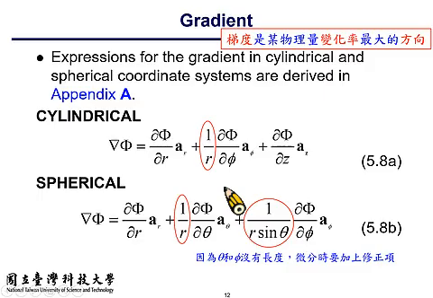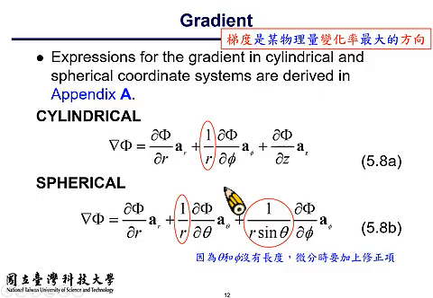So you have r d phi, or r d theta and r sine theta d phi, so that you have the change in distance in the theta direction and in the phi direction.